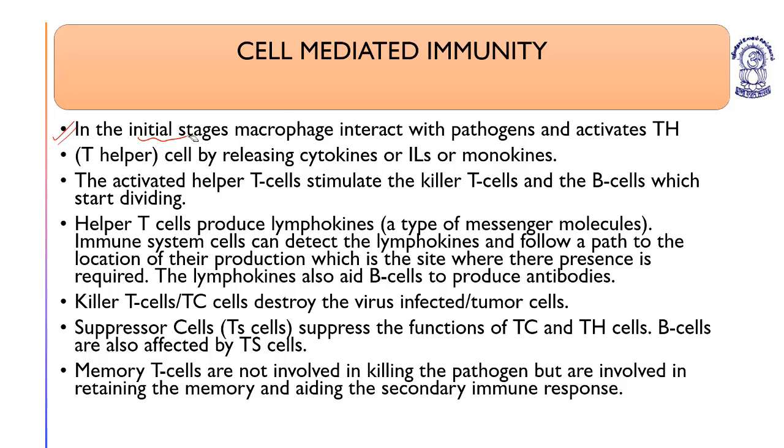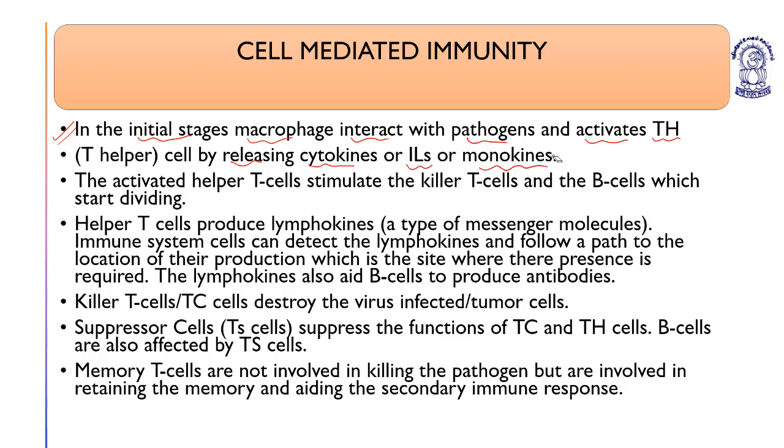In the initial stages, macrophages interact with pathogens and activate T helper cells by releasing cytokines, cell mediators, interleukins or monokines. So the very first step is that the macrophages interact with the pathogen.